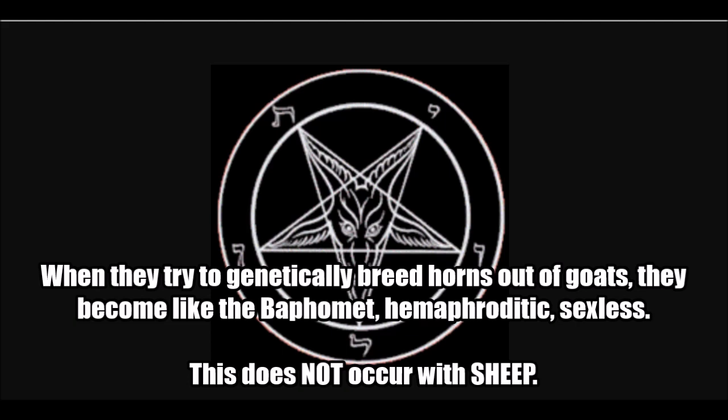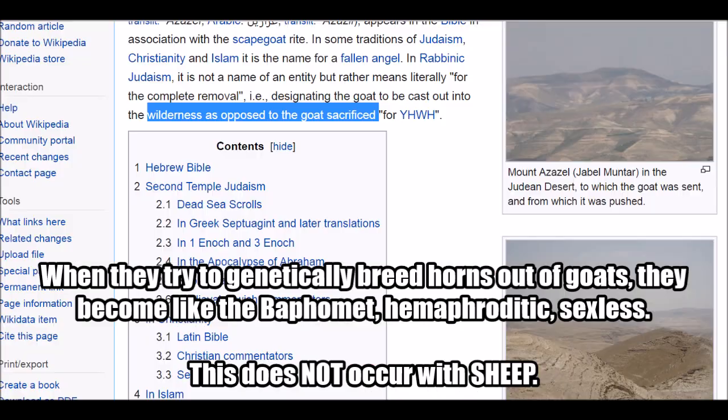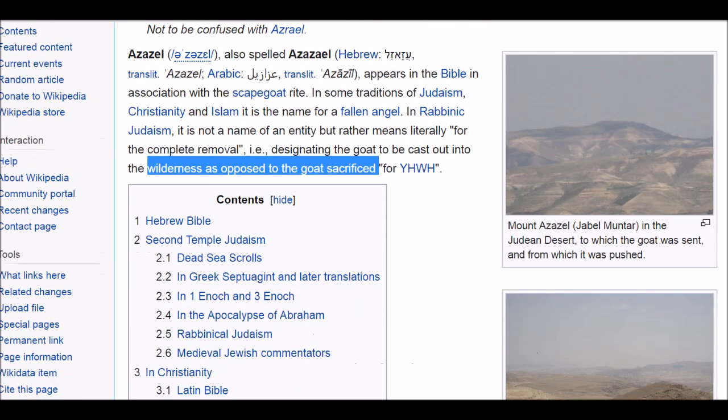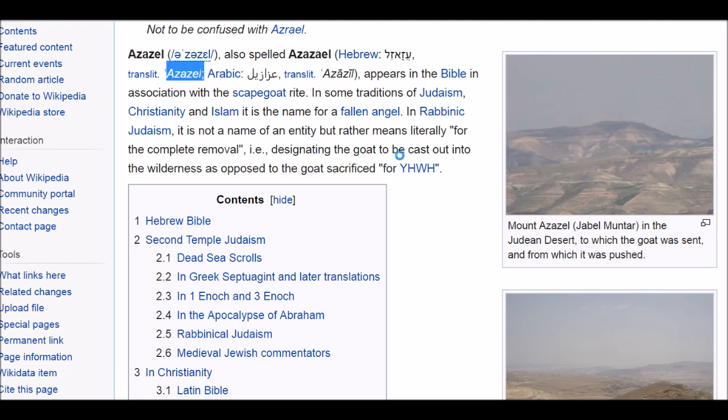Now this goes far deeper, because Azazel was the scapegoat named in the Bible. Yes, the word for scapegoat is Azazel in Hebrew. This is right there in the text. Why would they sacrifice goats to Azazel?